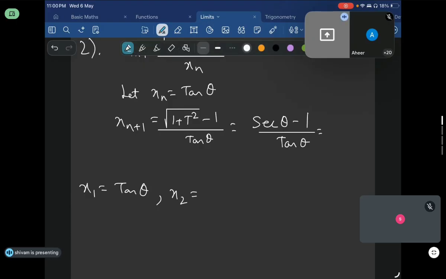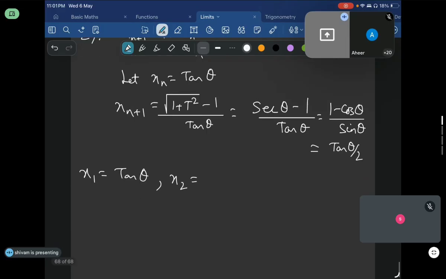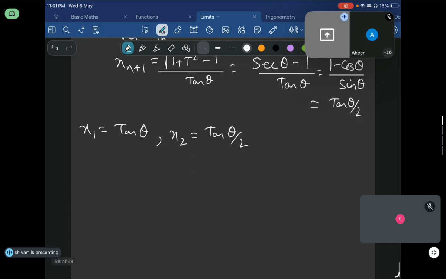This will give us (1 minus cos theta) upon sin theta, when we multiply by cos theta in the numerator and denominator. This will become tan theta by 2. So I have got x2 is equal to tan theta by 2. If x1 is equal to tan theta, x2 is equal to tan theta by 2. So everyone, what is x3?